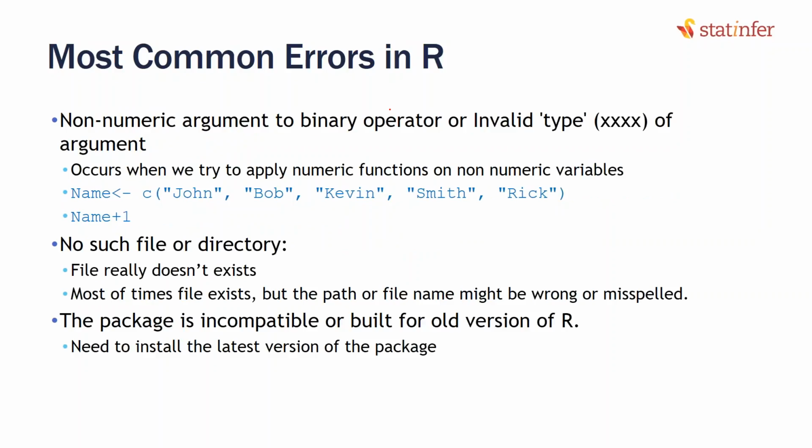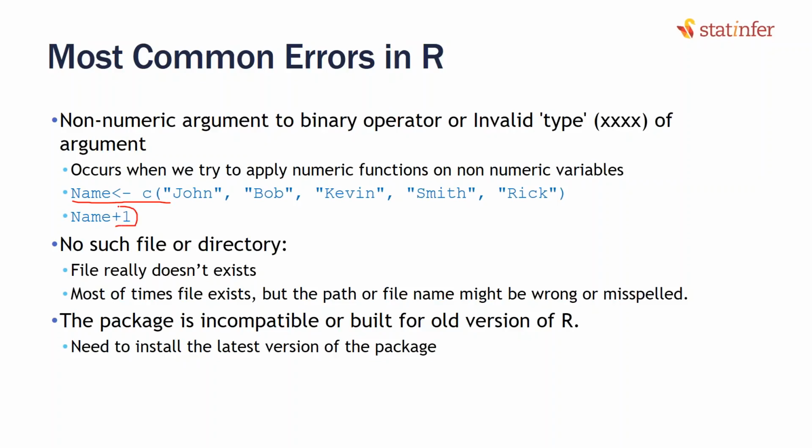Non-numeric argument to binary operator. So this is another most common error. Let us suppose you are doing something that is not meant for that particular type of data. Let's say if this is name, if you see this vector, this is a string type vector.